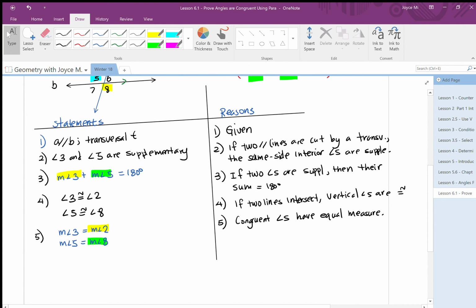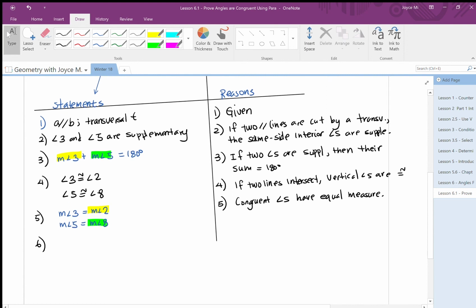So next step, I'm going to do the substitution. So step 6. I will say the measurement of angle 3, I'm going to swap it to 2, so measurement of angle 2. I'm using blue here, so you see the equation. So the measurement of angle 2 plus the measurement of angle A is going to give me 180 degrees.